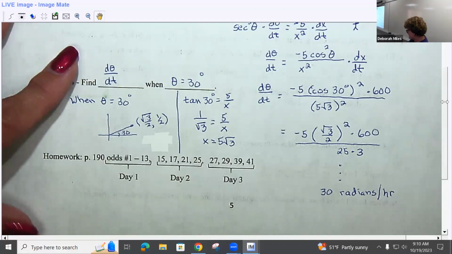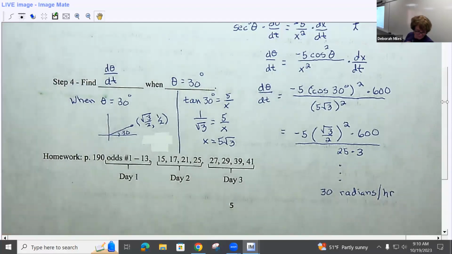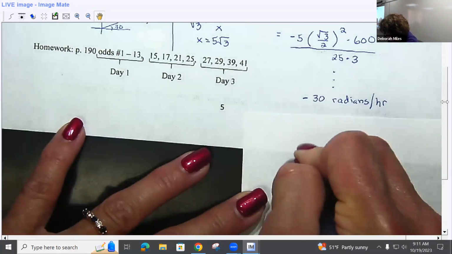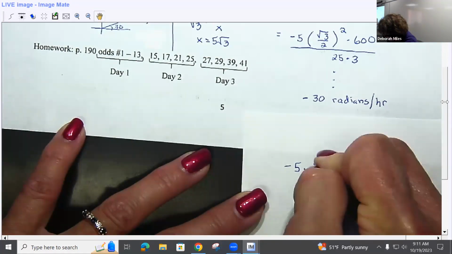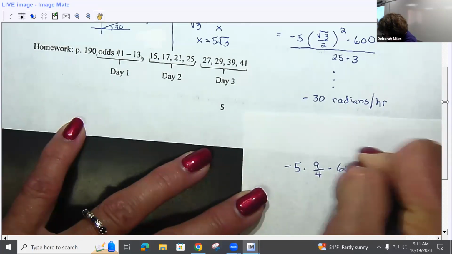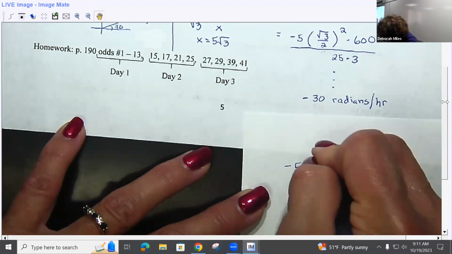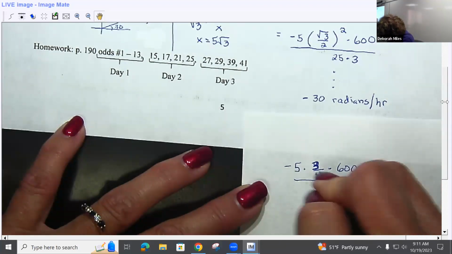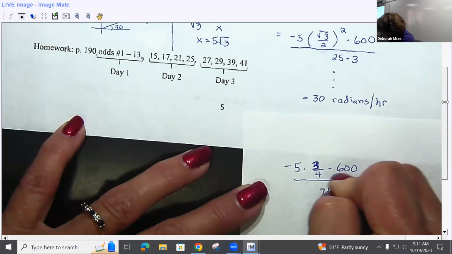How does that come out to be 30? Yeah, I got negative 75. Yes, it will be negative. I did get a negative. I was just running out of room. Let's see. -5 times 9/4 times. Oh, it is 3/4, absolutely. -5 times 3/4 divided by 75.